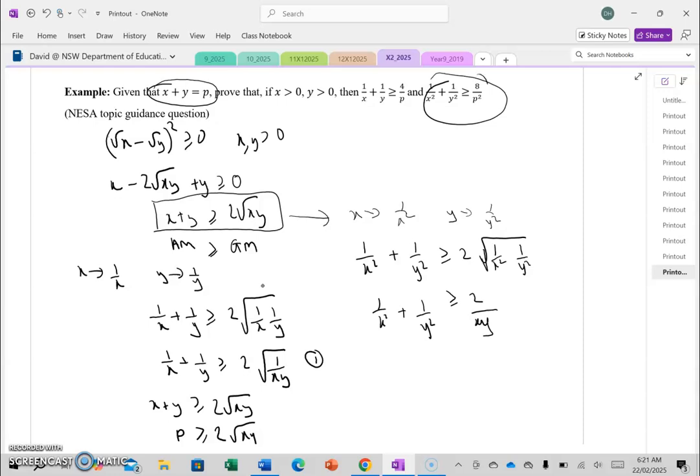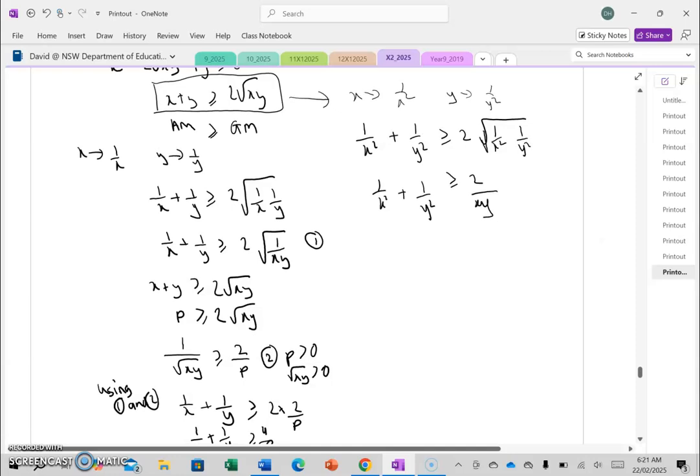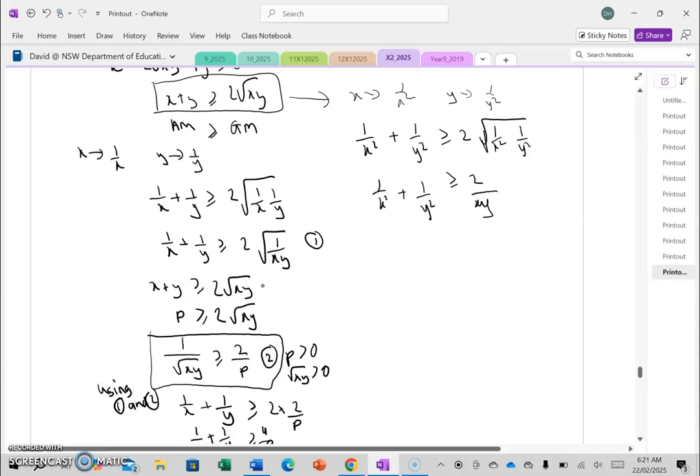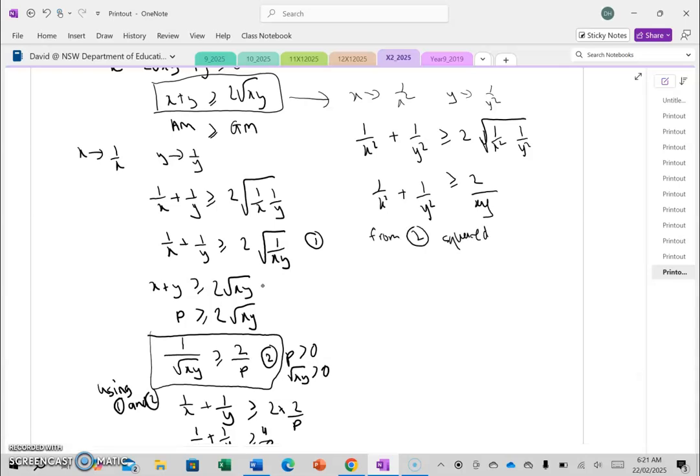I want to have an 8 on p squared. Let's have a look, what can I do? Let's have a look at equation 2. Because I know both these parts are positive, I can square it. So from 2 squared, we get that 1 on xy is greater than or equal to 4 on p squared.